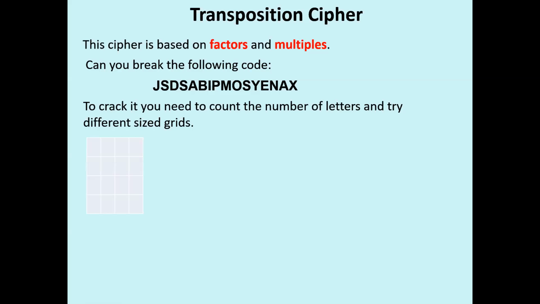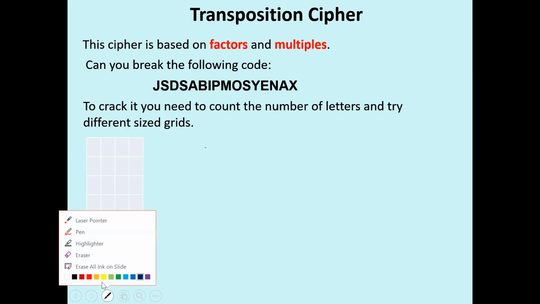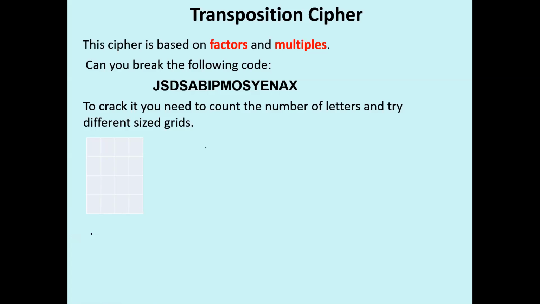Now, this time, what you need to do is enter the letters going down vertically. So in this column, we're going to enter J, and then we're going down the columns. Remember when we were encoding, we're going horizontally. If we're decoding, we're going to go down vertically. So all I'm doing is taking these first 4 letters here, and then I'm entering them vertically.